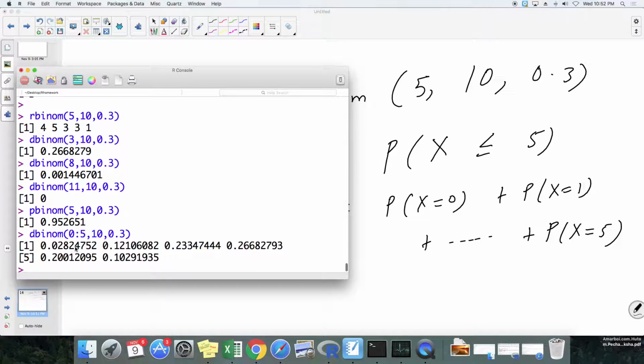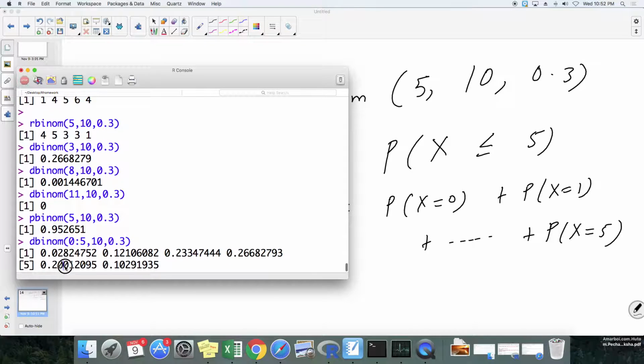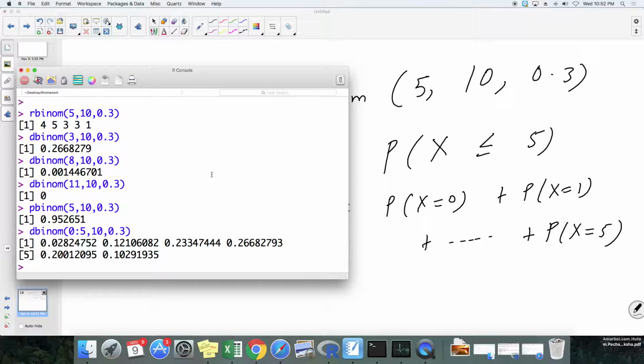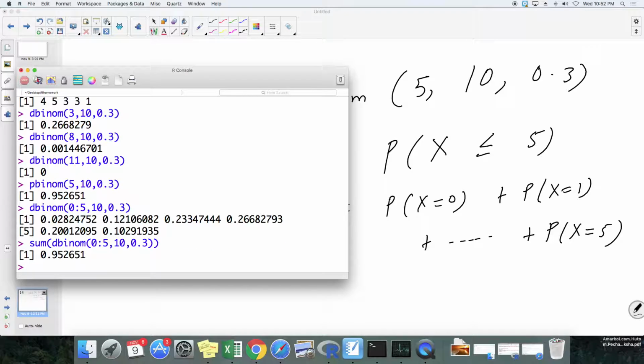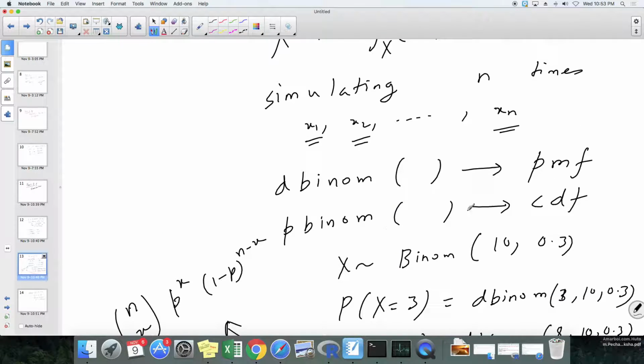This is probability X equal to 0, X equal to 1, X equal to 2, X equal to 3, X equal to 4, X equal to 5. Obviously we know that if we add these values, we should get the pbinom. Let me try that. I'll take the sum of these numbers, and we get the exact value. Yes. So that's it. pbinom, as I said, gives you the CDF, and dbinom gives you the PMF.